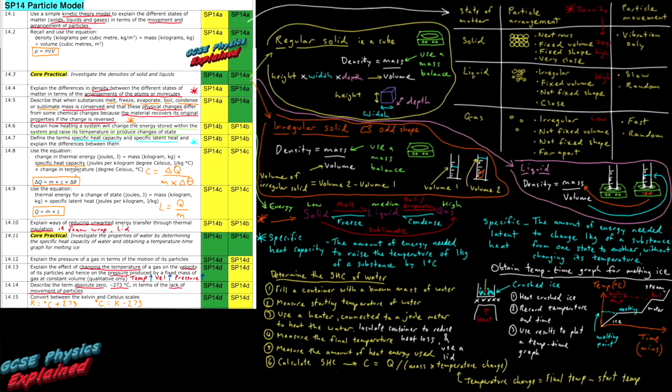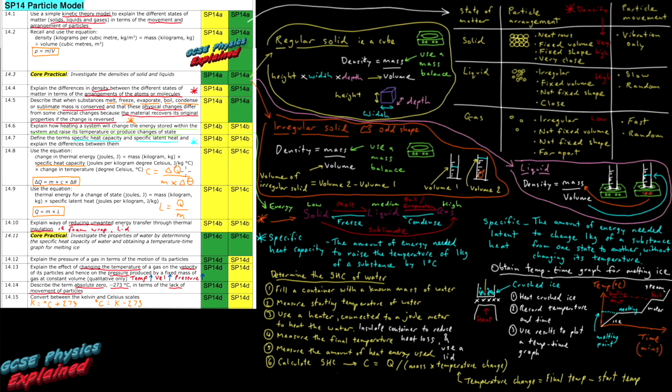Use the equation: change in thermal energy Q equals the mass times the specific heat capacity times the change in temperature. You'll have to rearrange that sometimes in order to find the specific heat capacity.